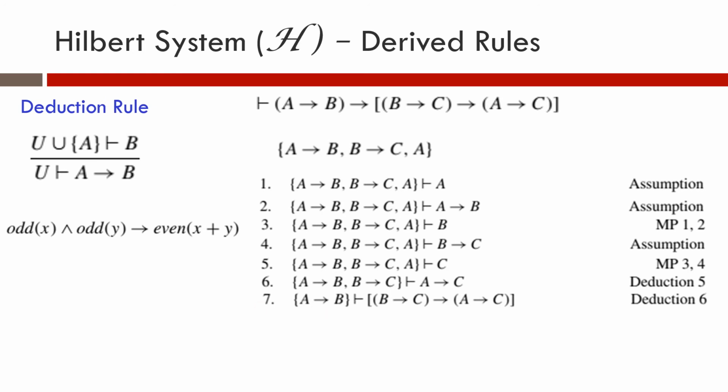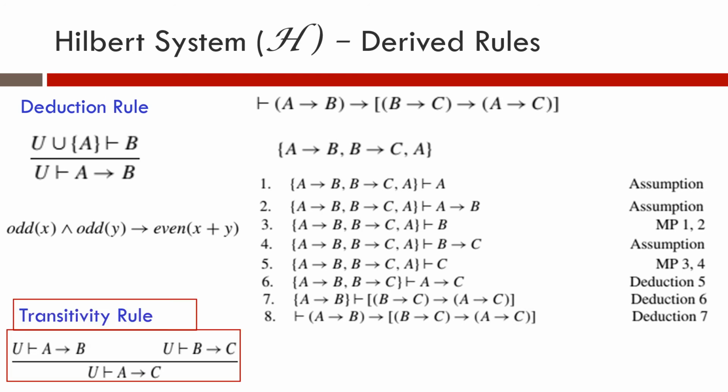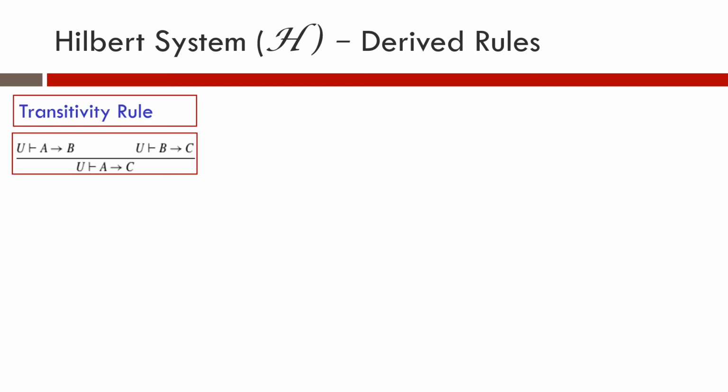So again we can apply the deduction rule and we can say that it is provable: A implies B implies B implies C implies A implies C. This particular rule is a derived rule which is called the transitivity rule. The transitivity rule says that if A implies B is provable and B implies C is provable, then we can infer A implies C is provable with a set of formulas U as assumptions.